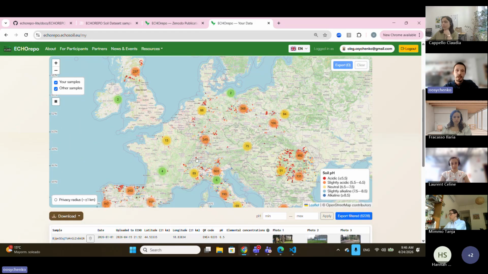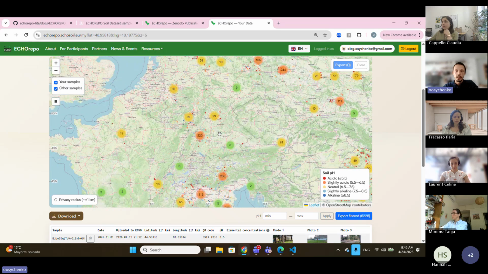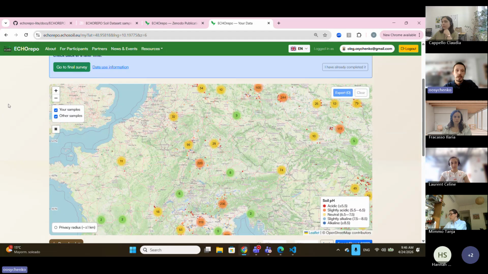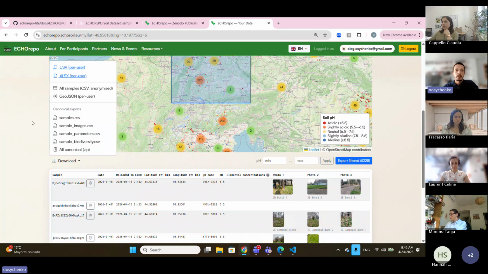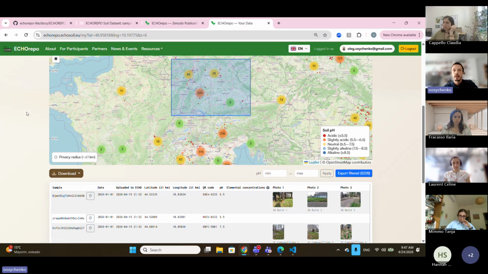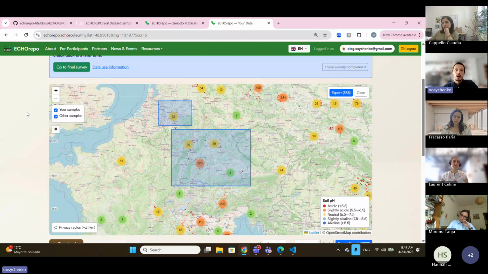Like I said, we have the representation of all the samples currently available in the database. And a person might, for example, take a look at some subset, export and download the data for this subset, and also download the whole database. The database consists of 4 basic files and tables. The first one is the actual samples gathered by the scientists.